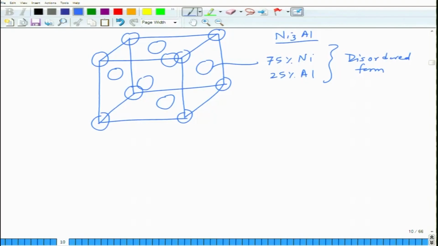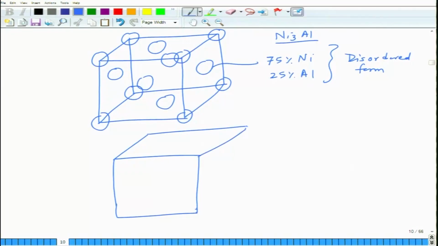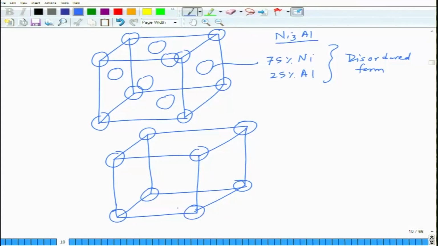When it is ordered, it is different. In case of ordering, let me draw all 6 atoms. This is the ordered structure.